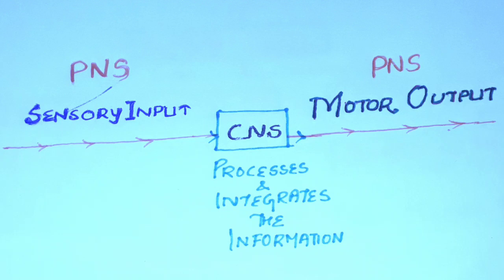Here, input system to central nervous system is peripheral nervous system. Output system from central nervous system is also peripheral nervous system. So, what is the duty of peripheral nervous system here? It is sending information to central nervous system, and it is also bringing response from central nervous system.